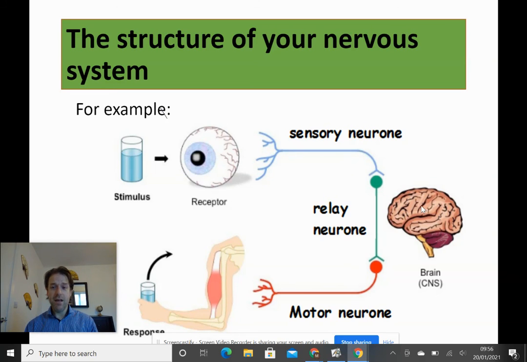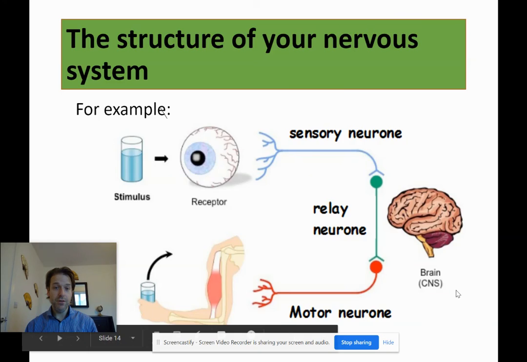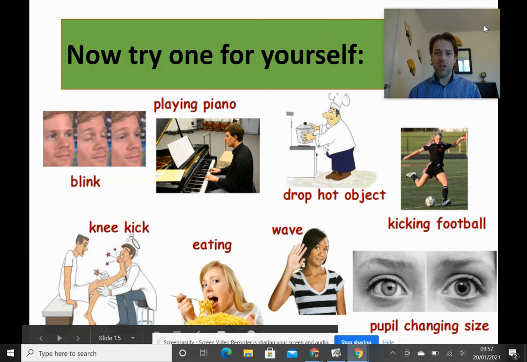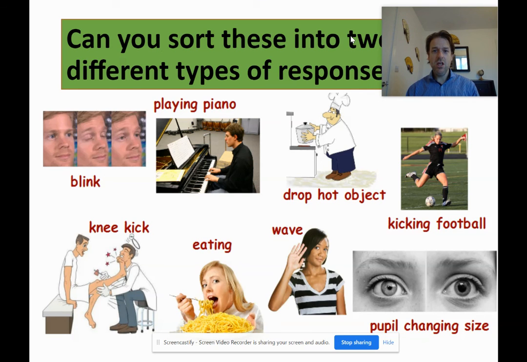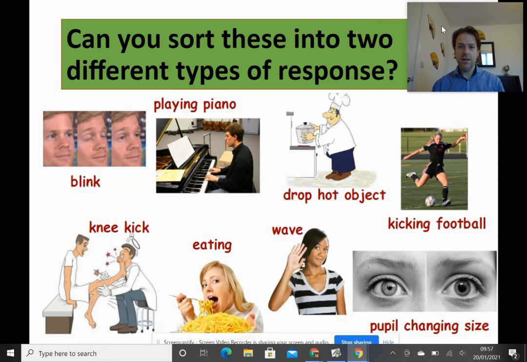Our brain may be making a decision, and then sending that impulse down a motor neuron to our muscles, saying, grab the glass of water and lift it up because we're thirsty and we want a drink. So we've got a couple of different types here of action. Can you sort these into two different types of response? Just pause the video and have a quick look.